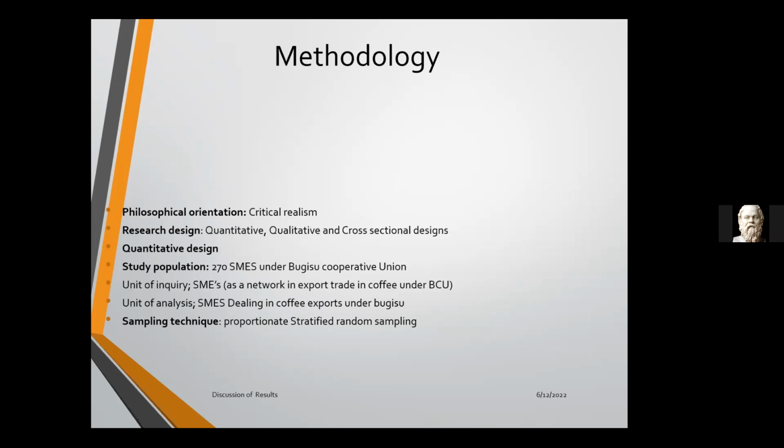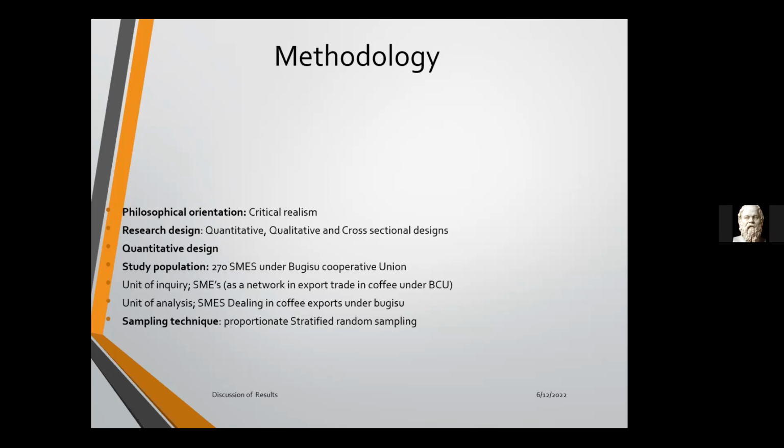One of them is the issue of coffee, which I think is where you are testing your concept, because you can export anything, not necessarily coffee. Then the issue of Bugisu, because that was Bugisu Cooperative Society. In the topic you are talking about SMEs, but the emphasis in your statement of the problem and background is Bugisu.